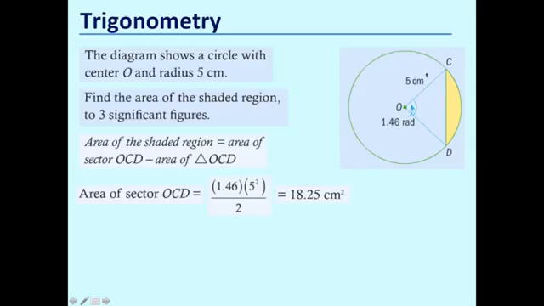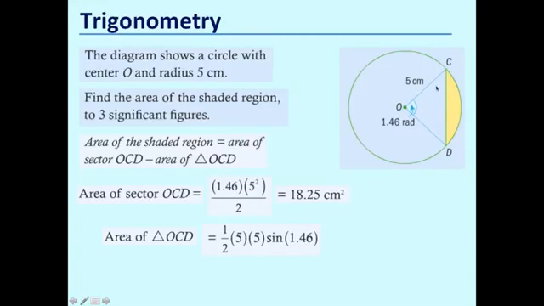From that, we need to subtract the area of triangle OCD. If this is 5 centimeters and it's the radius, this will also be 5 centimeters as it's a radius. We've then got side, angle, side, which we should associate with the cosine rule, which will enable us to find the missing side CD. But we're not actually asked to find CD, we're asked to find the area.